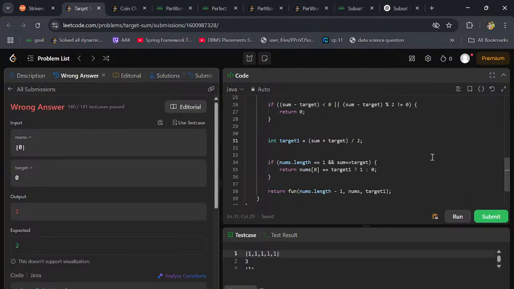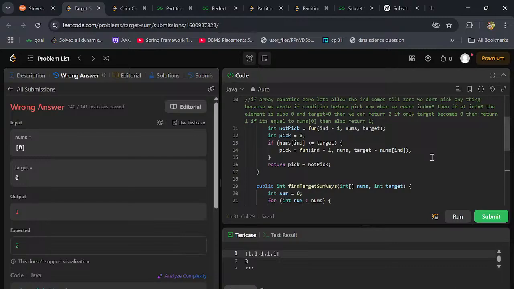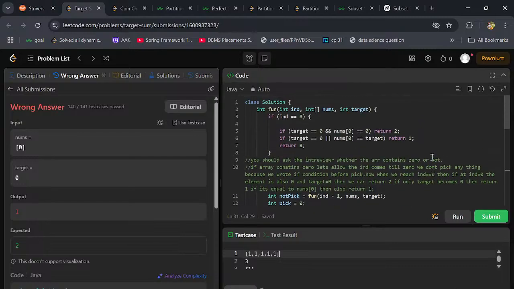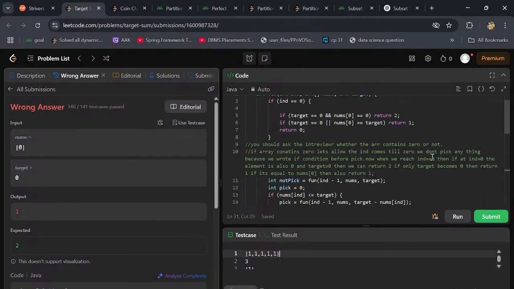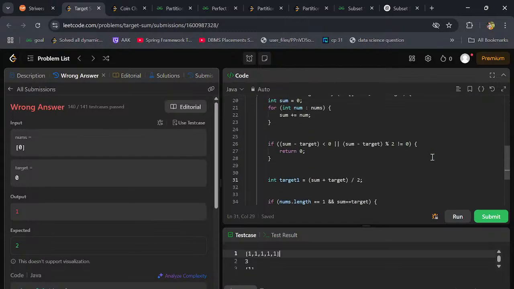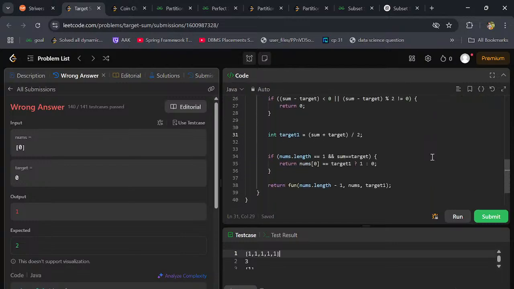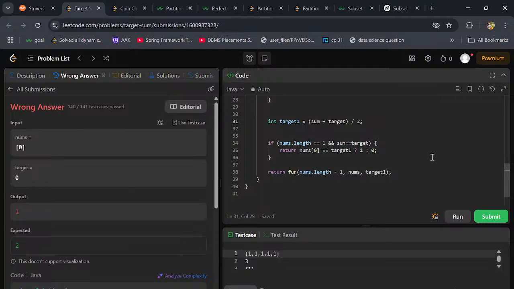It is working, bro. If nums array contains 0 and target 0, then what? Let's write it in the base condition. If the array contains only one element, the index is nums length minus 1.